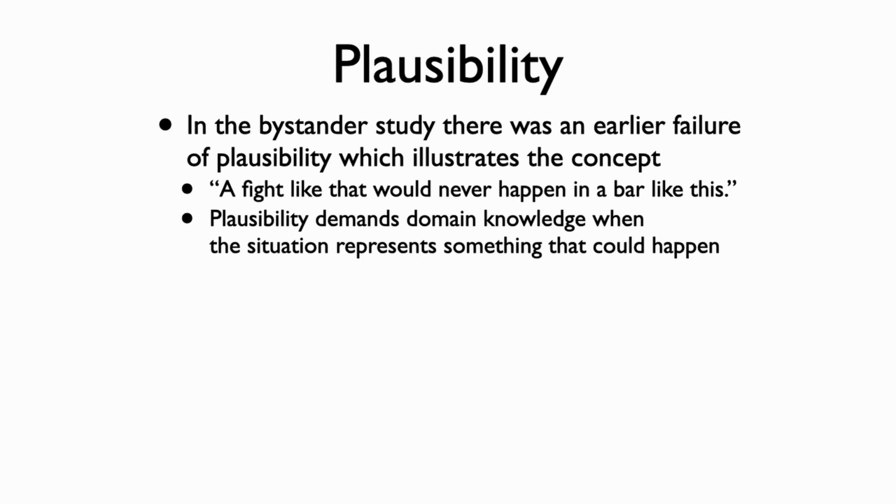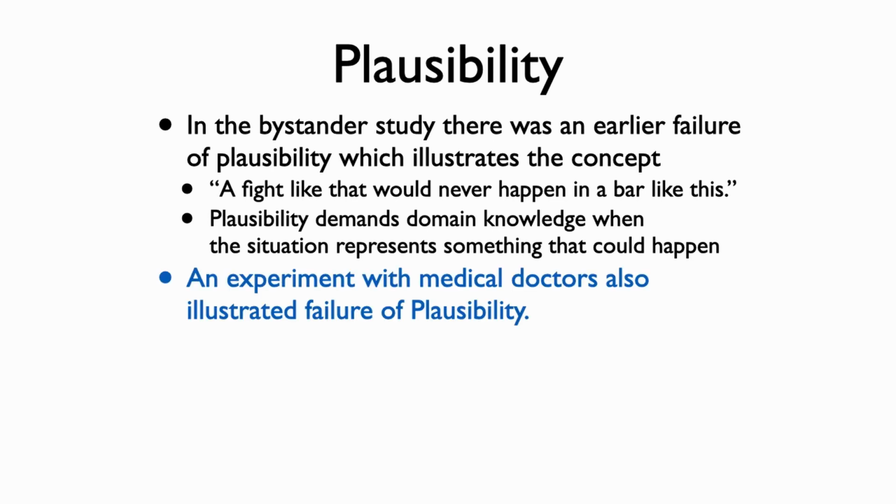So we failed on reproducing expectations that people would have for the kind of place where this kind of fight would happen. So plausibility, when you're reproducing something in virtual reality that could happen in reality, demands domain knowledge, where the situation represents something that could happen.